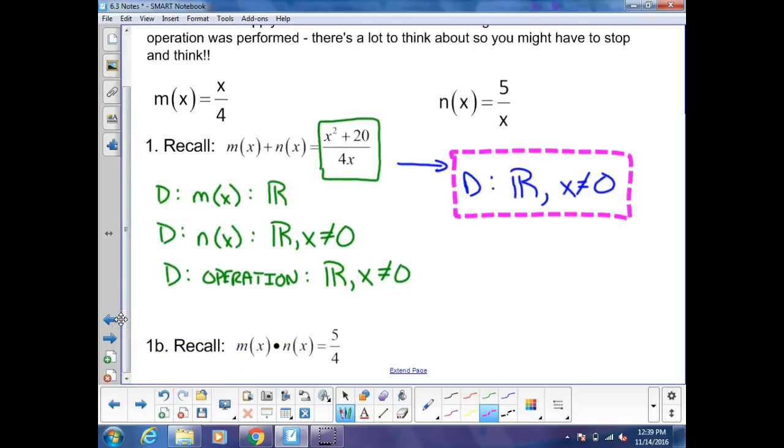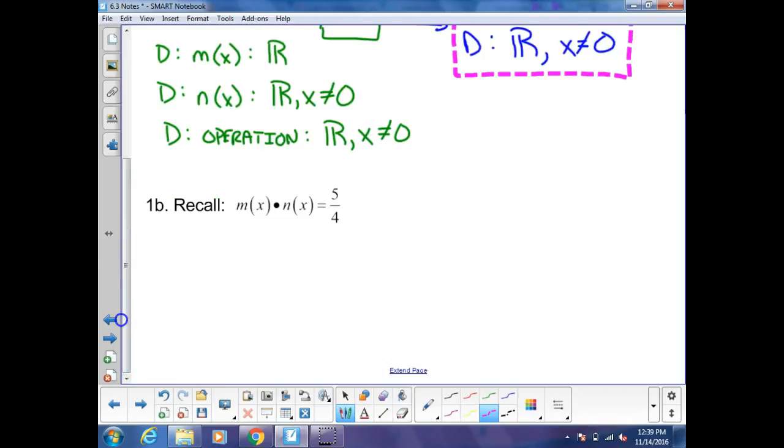Okay? So, when we took those two functions, we multiplied them, we got 5/4, right? Okay? So the domain of m was all real numbers, right? The domain of n was all real numbers with the exception of 0.